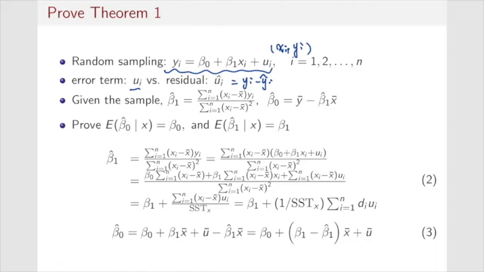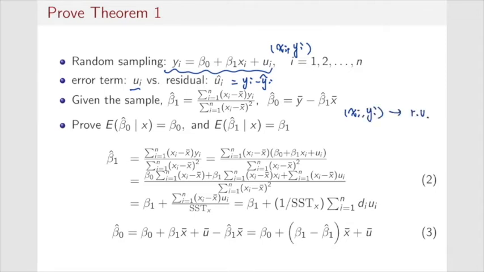Given the random sample, we've already derived before that beta 1 hat is equal to the covariance between xi and yi divided by the total variation of xi, and beta 0 hat is equal to y bar minus beta 1 hat times x bar. Notice that here xi and yi are all treated as random variables.